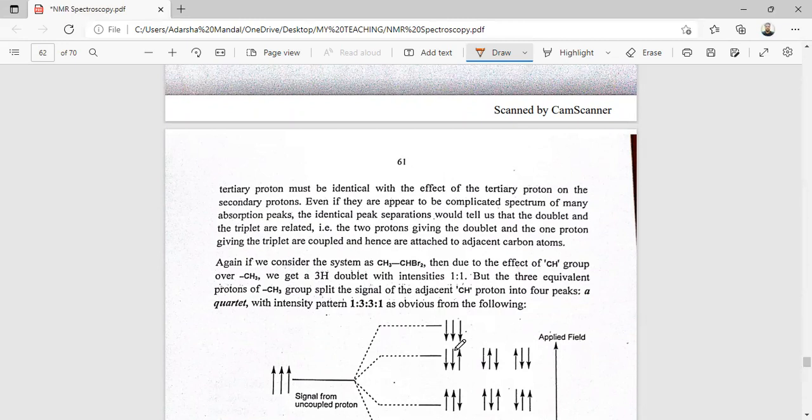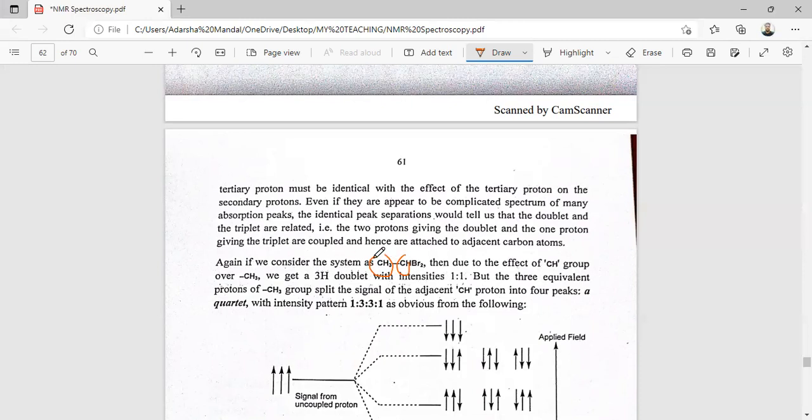So that means both have the same coupling value in the NMR spectrum. Again, if we consider systems like CH3 and CH, there are two types of proton here, one is CH3 and one is CH. The effect of the CH group over CH3 gives a 3H doublet with intensity 1:1.